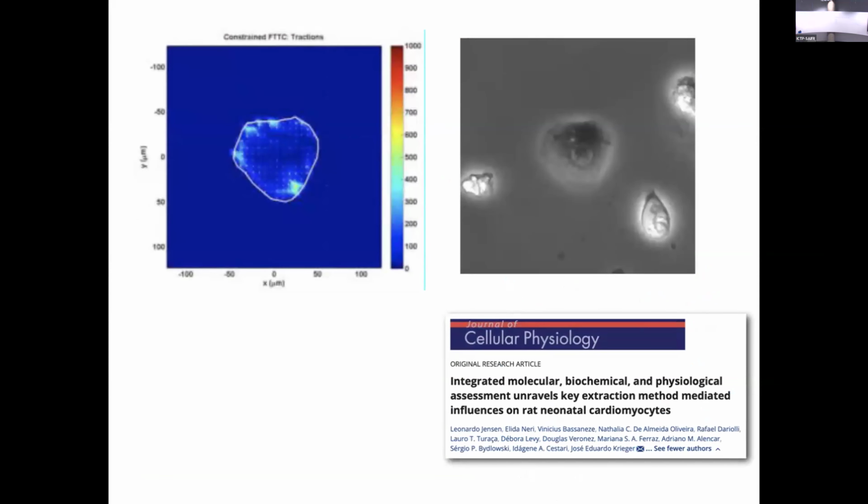So this one is one of the examples. Here's the cell. When you look at the cell by itself, these are cardiomyocytes, neonatal cardiomyocytes, that's why they're shaped like this. And this one is the substrate after you do some calculation. Then you see it's contracting, and then it makes some force out here.